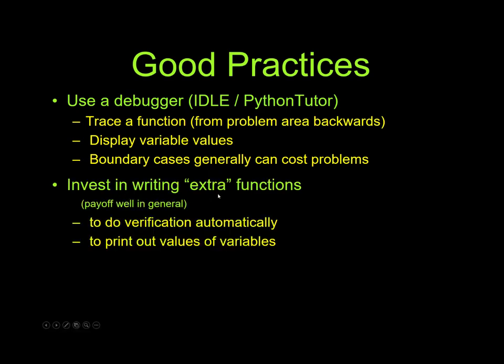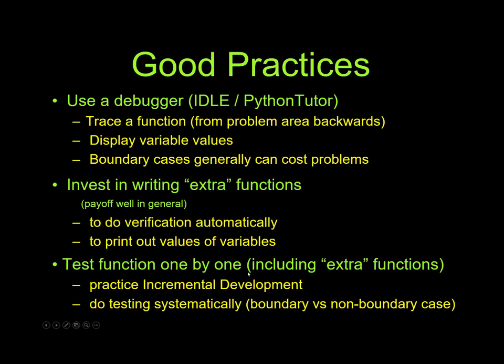Invest in writing extra functions, extra meaning that they are not needed to achieve the goal of your program. This is to help us do verification automatically. You can use some if conditions to ascertain certain values for the calculations. Print out values of variables so that we can at one glance look through all the values to be sure where the problematic area could be.